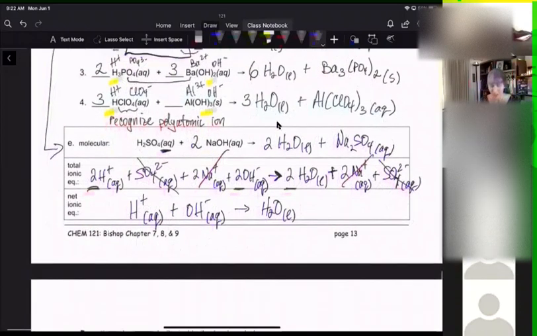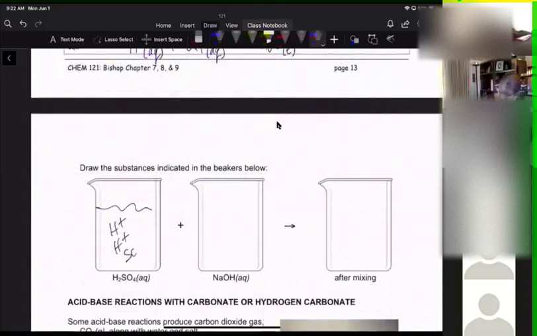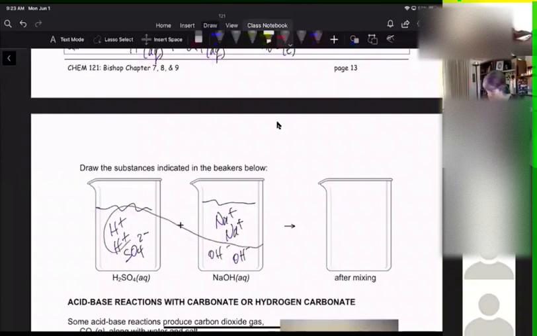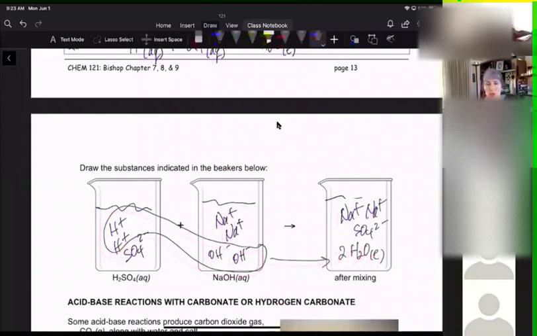Oh yes, the beakers are on the next page. These are so useful to see what happens, what causes the reaction to proceed. So here it is. These guys come together. They give us those new water molecules. And everything else is just bumping around in solution. So double replacement neutralization.